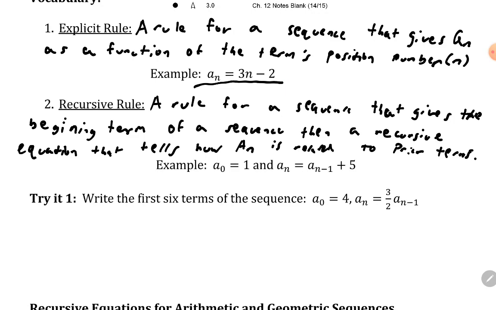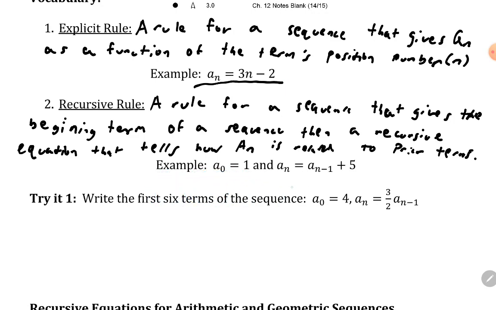A recursive rule gives you the first term, the beginning term, and an equation to tell you how it's related to prior terms. So, for example, we have the first term equals 1.